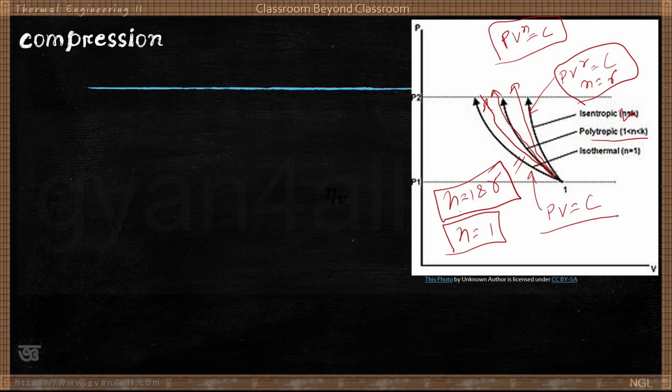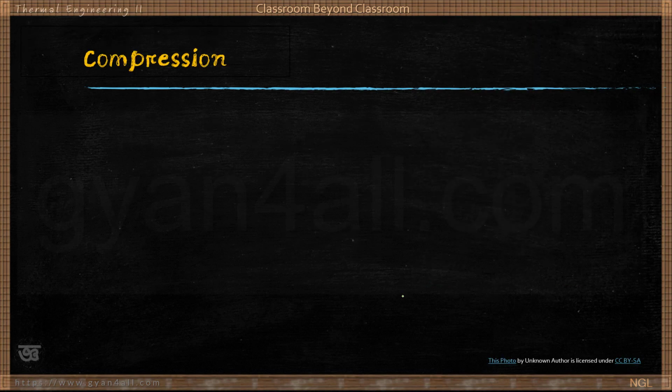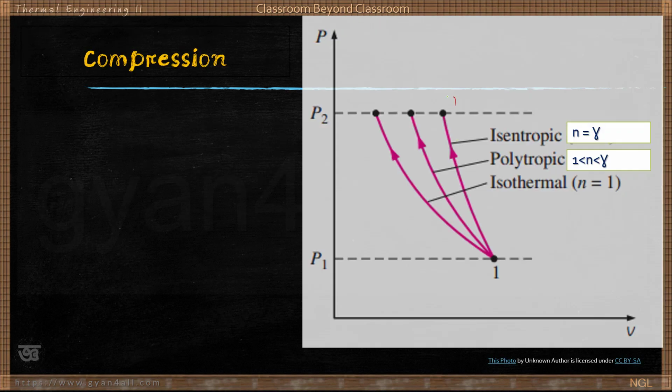Theoretically we can say n equal to 1, n equal to gamma, but this is only theoretical, because no system is 100% isothermal, no system is 100% adiabatic. In actual practice, the value of n will be greater than 1 but less than gamma. Gamma is 1.4 for atmospheric air. This is isentropic, this is isothermal, and this is called polytropic. So n may be between 1 and gamma.